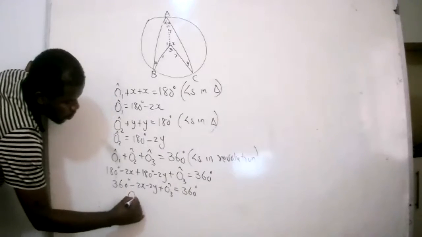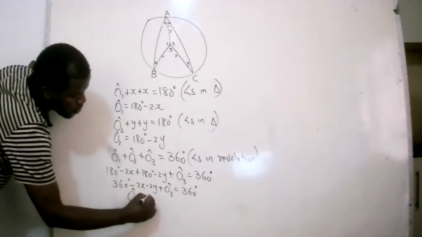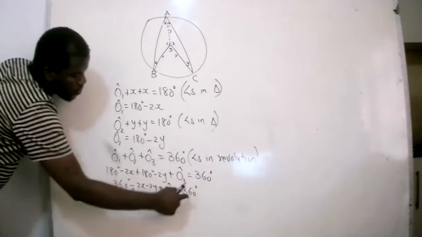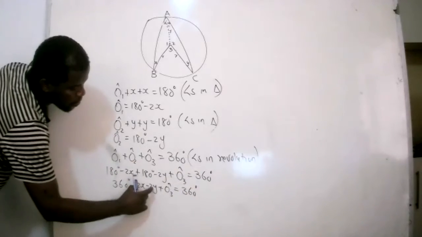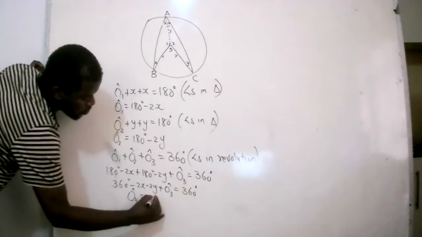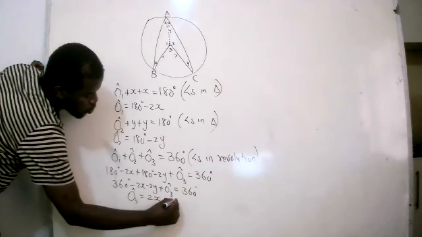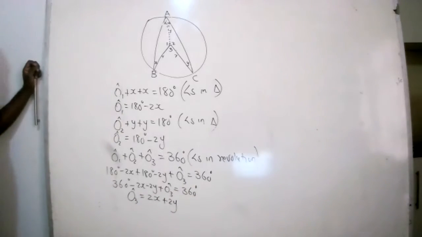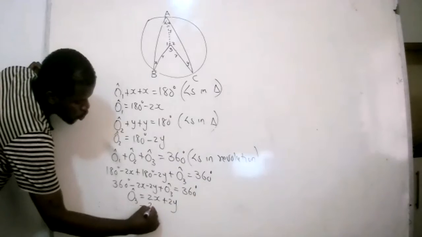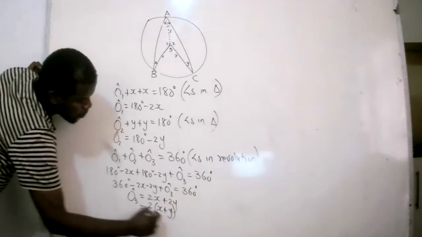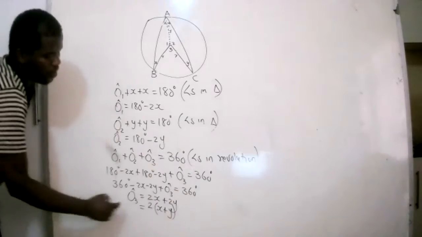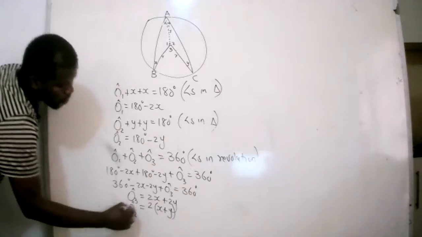So angle O3 is equal to 360 minus 360, which is 0, and then we take this to the other side, it's going to be positive 2x plus 2y. Which means O3 is 2 into x plus y, taking 2 as the common factor. So that is your O3.